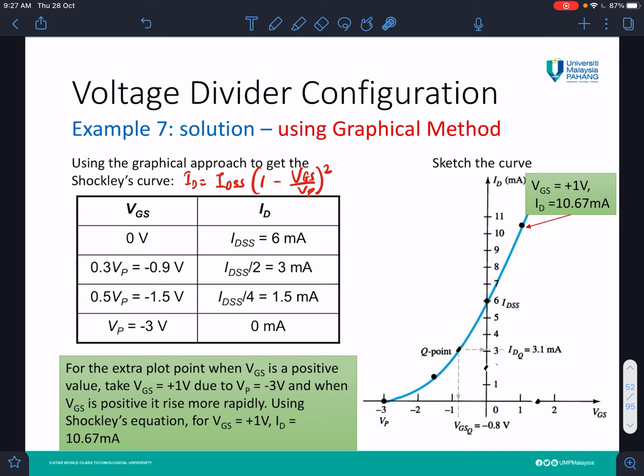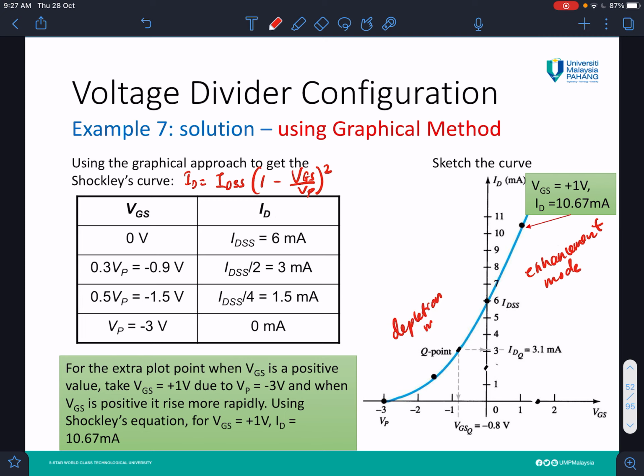So we need to find another point for the current increase at the enhancement mode. We call this the enhancement mode, and this is the depletion mode.